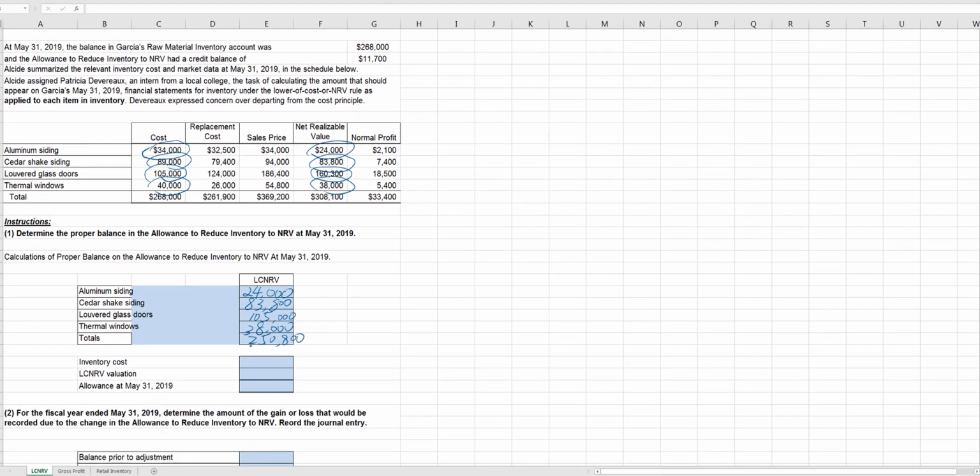But the current inventory cost is reported at this number. And what we want inventory to be reported at is 250,800.